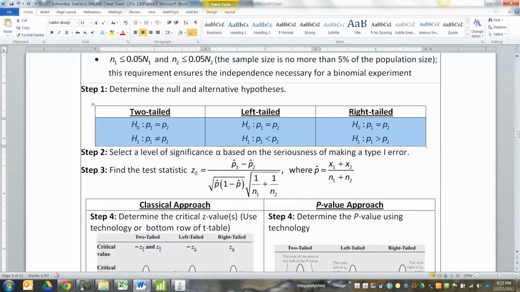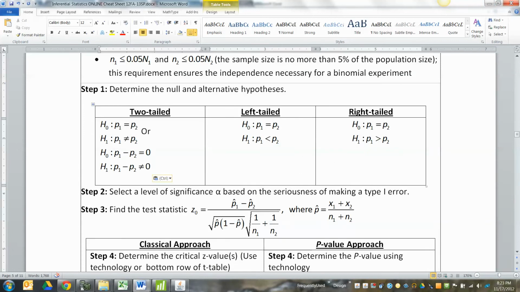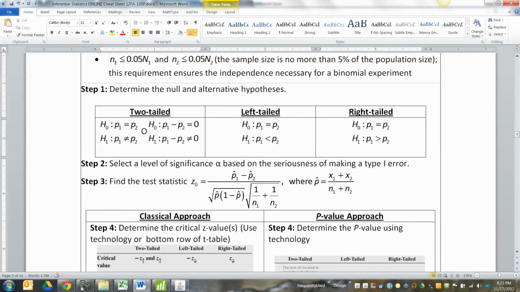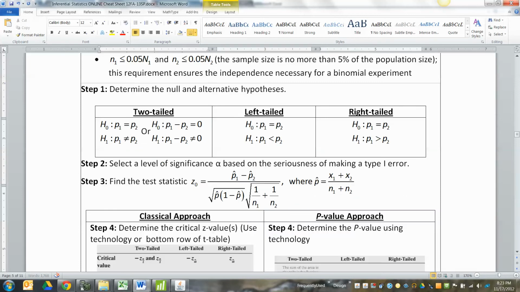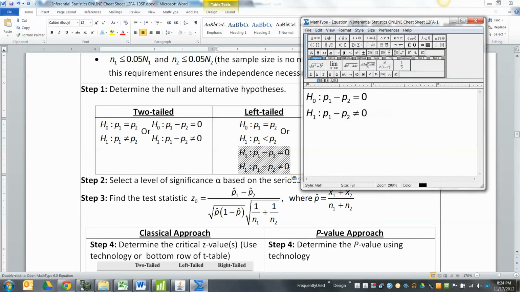Computers don't like other numbers involved. They like 0. Computers, they can handle 0. They're happy with 0. Let me just modify that slightly. There we go. So you have to know for yourself that you could write it either this way or this way. And for the next one, it would be P1 minus P2 less than 0.